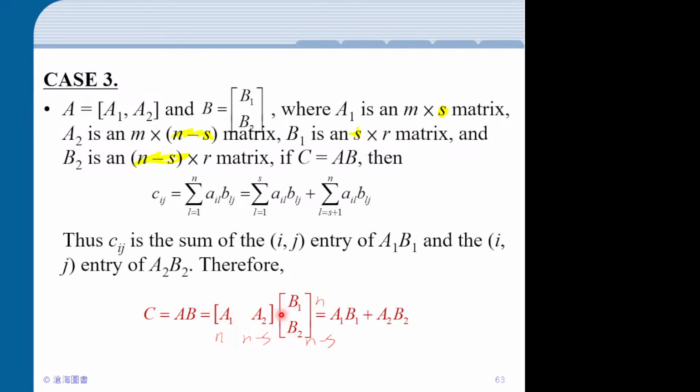So you have A1 multiplied by B1 and A2 multiplied by B2. Here you need to be a little careful and remember the ordering, because matrix multiplication is not commutative. Those elements are still matrices, so when you multiply, be careful not to mess up the ordering. Here we have A times B, so everything should be A something, then B something, and the order doesn't change.